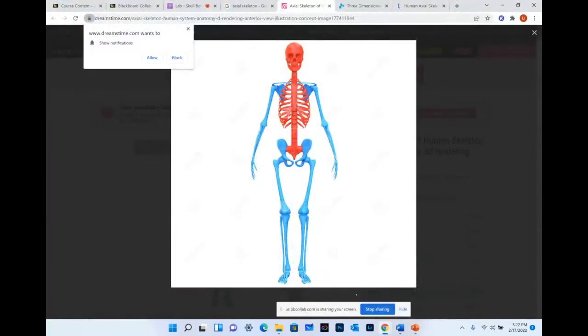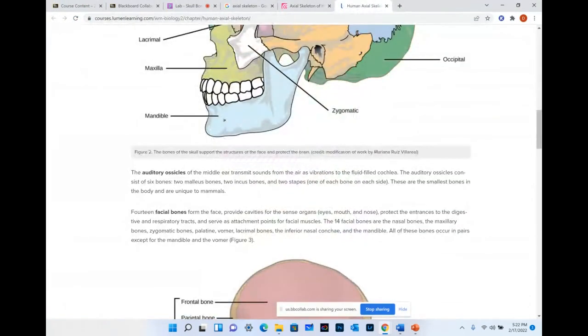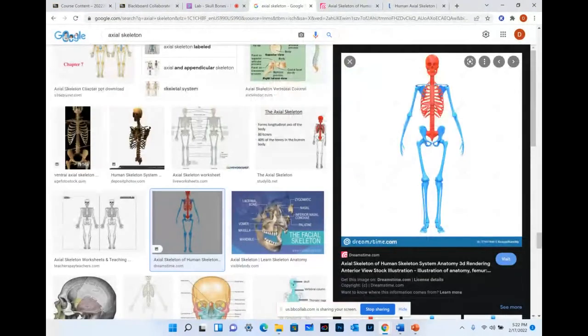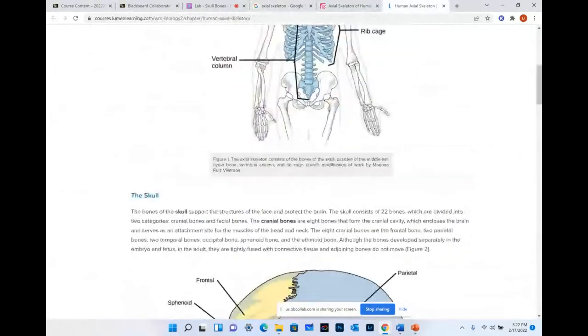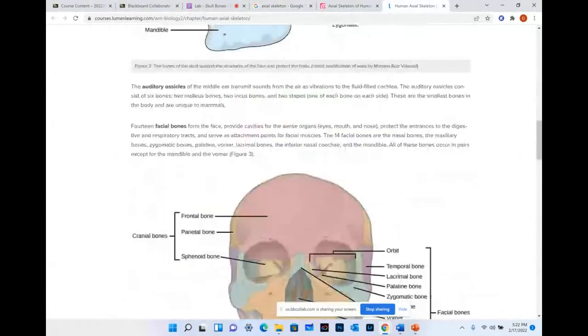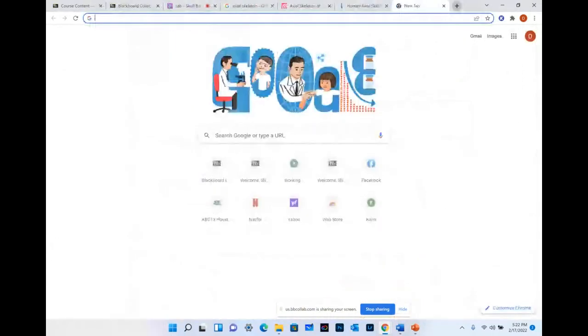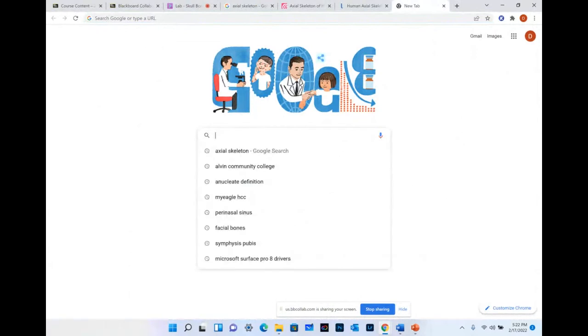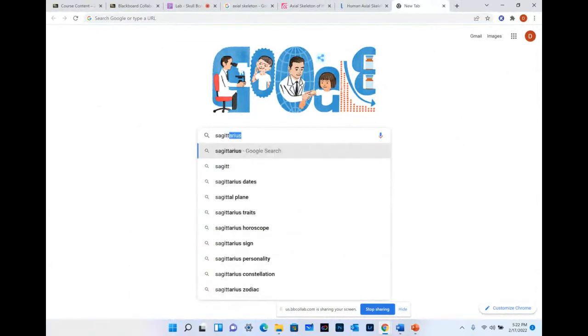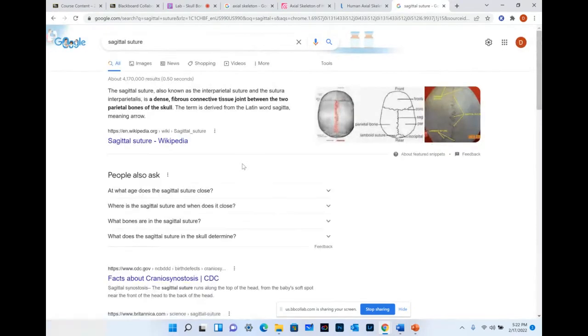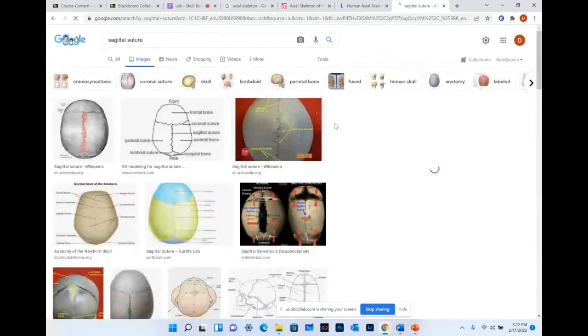Let's see if we can find something better. Sagittal suture. Okay, let's look up right here. And I love this photograph.